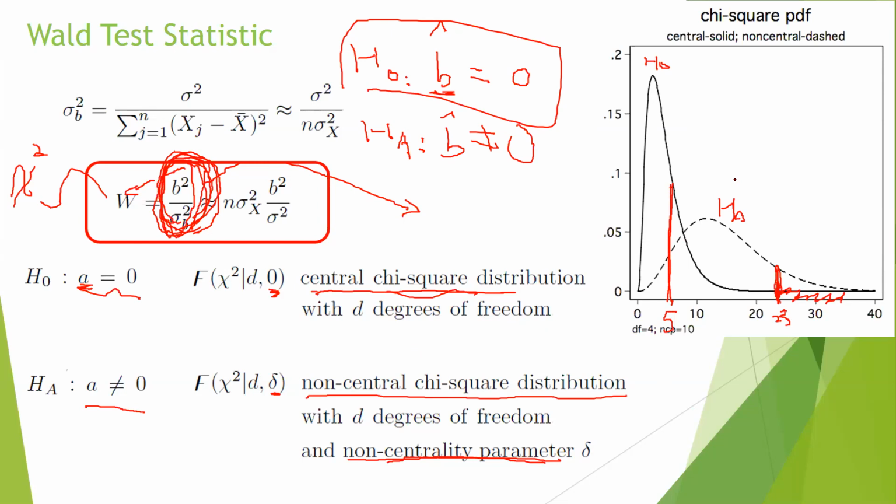Because if your null hypothesis is true, it is very likely you're going to see data like this, with a test statistic equal to 5. But if the null hypothesis is true, the chance of getting a statistic as big as 23 is very low. So the 23 will make you reject the null hypothesis, but the 5 will make you accept the null hypothesis. Is that correct?